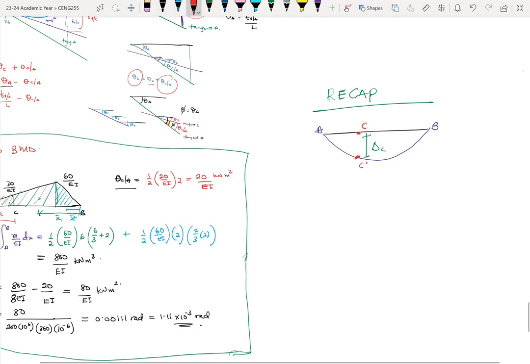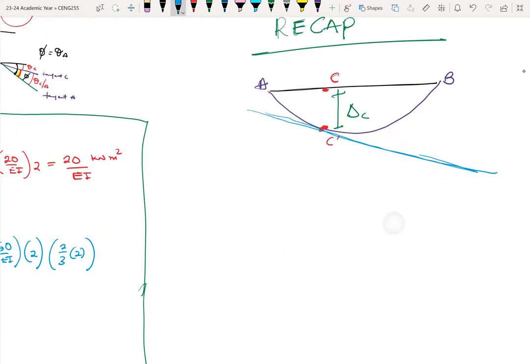And also, if we draw a tangent to the point on the elastic curve, the angle the tangent makes with the horizontal line is theta C. So we need to find these respective deformations with respect to the point C on the elastic curve.